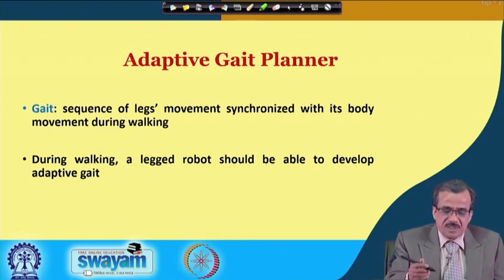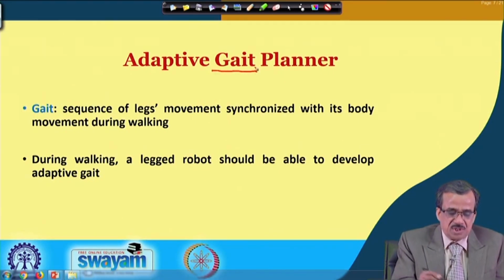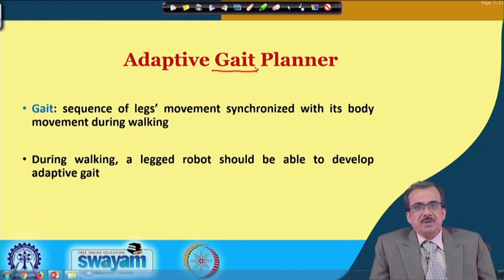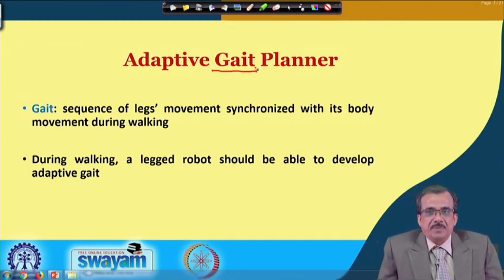So, we are going to discuss how to design and develop an adaptive gait planner. Now, this gait is actually the sequence of leg movements synchronized with body movements during walking of a humanoid robot. We human beings, while walking, follow some gait cycle.